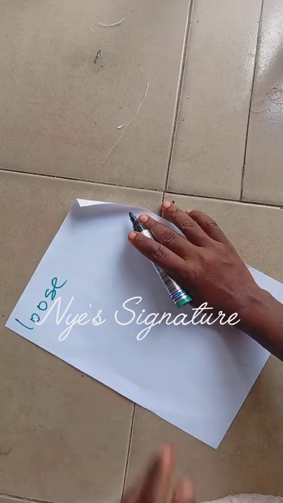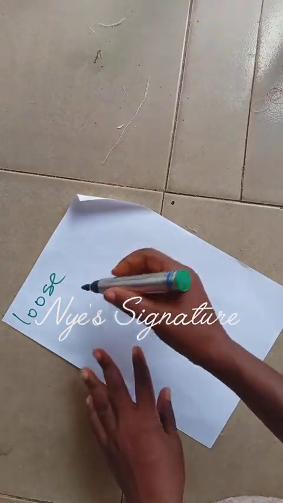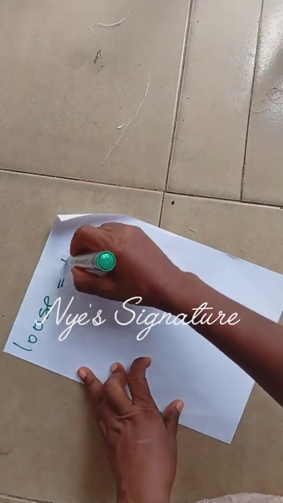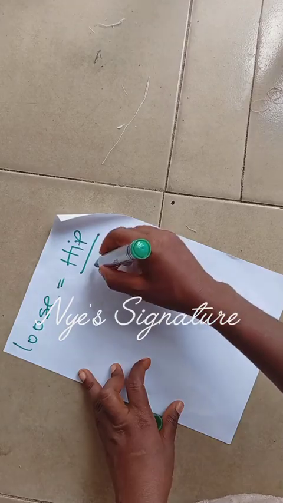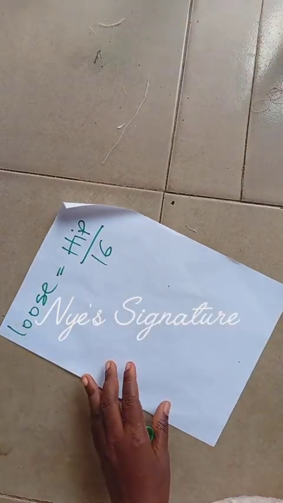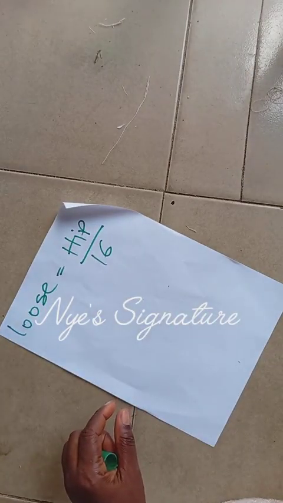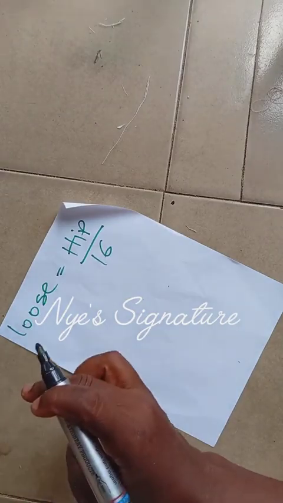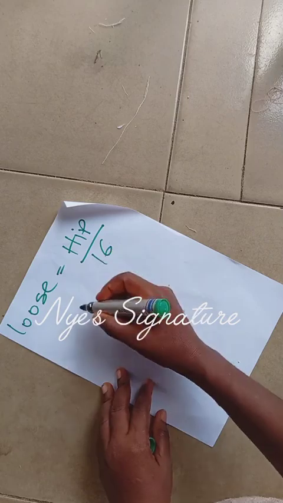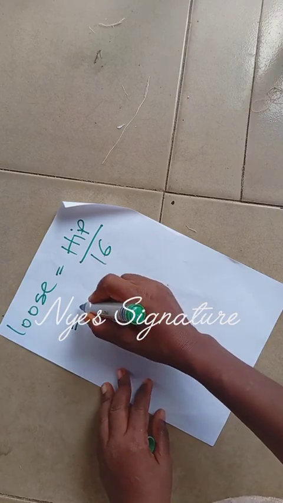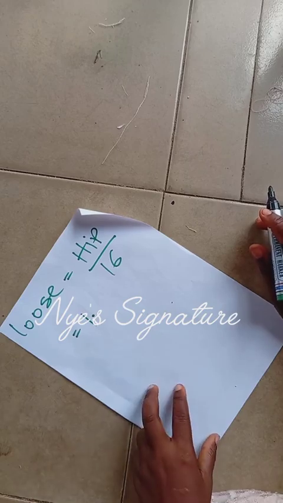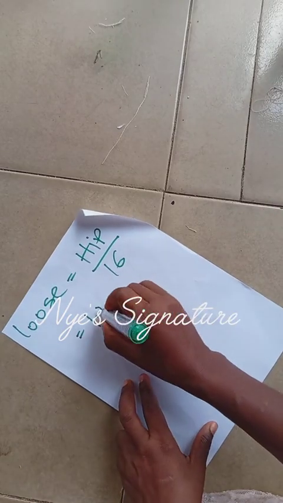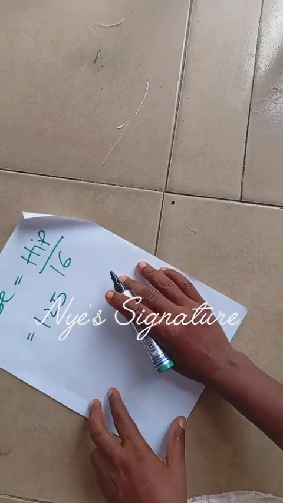I hope you understand. So for loose trousers, we are going to do hip measurement divided by 16. That's for the front part of it. When you divide the hip measurement, that's 20 divided by 16, it is going to give us 1.25.